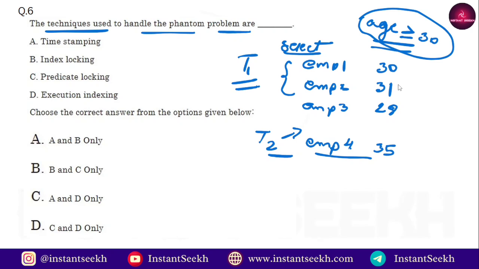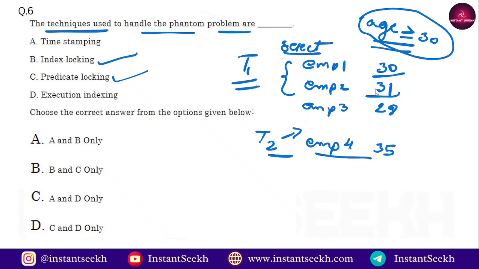So index locking and predicate locking techniques are used for the phantom problem. What are these? Index locking is a technique where locks are placed on the index entries that match the search condition. Here the locks will be placed on 30 and 31 because those match the search condition.